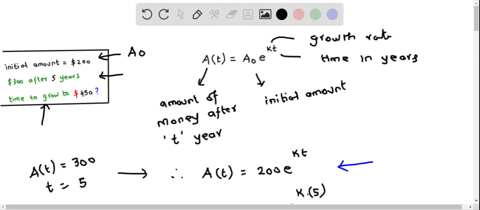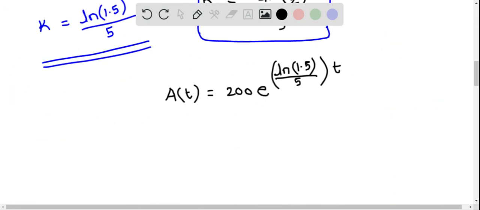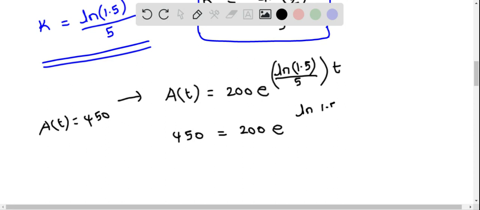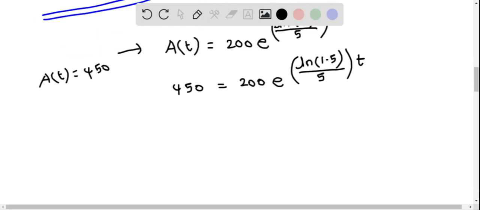Now we have to determine the time value such that the amount grows to 450. This means we replace A of t by 450 and then determine the corresponding value of t. So I put 450 for A of t, and this equals 200 e raised to the power of the natural logarithm of 1.5 divided by 5, multiplied by t. Now let me first divide both sides by 200.